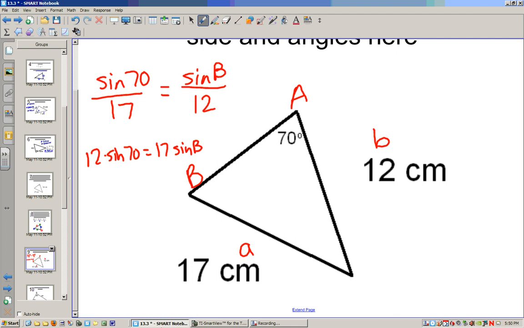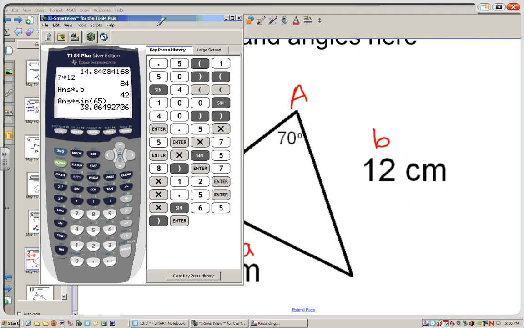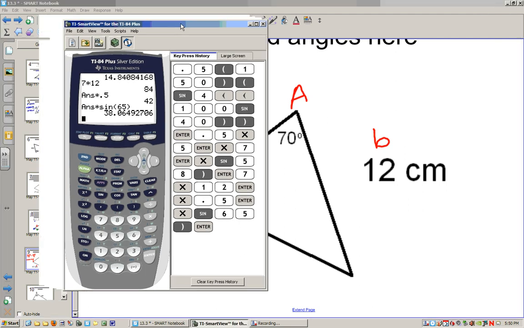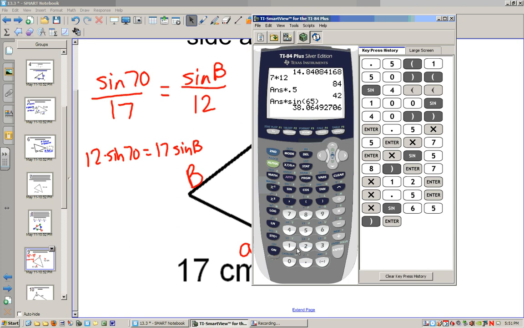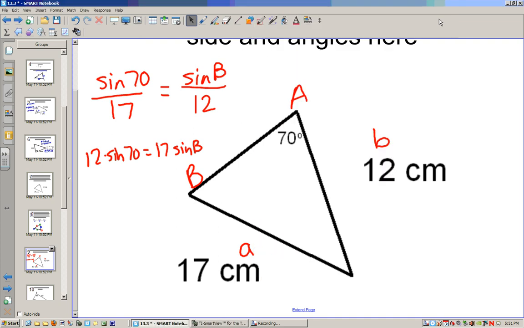Okay, so let's pull up our calculator and see what we get for 12 times the sine of 70. That's about 11.28. So now we're at 11.28 equals 17 times the sine of B. Next we can divide by 17 to solve for the sine of B. I'm going to pull up our calculator again.